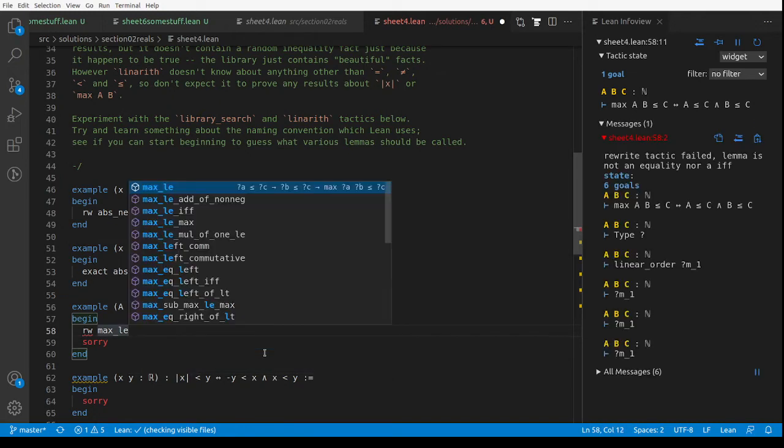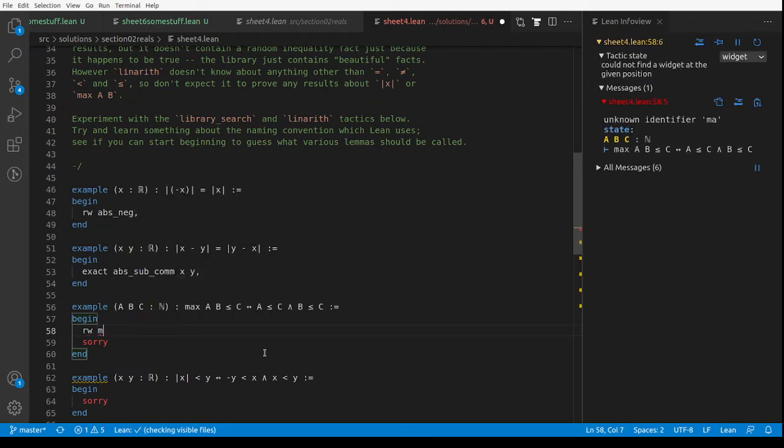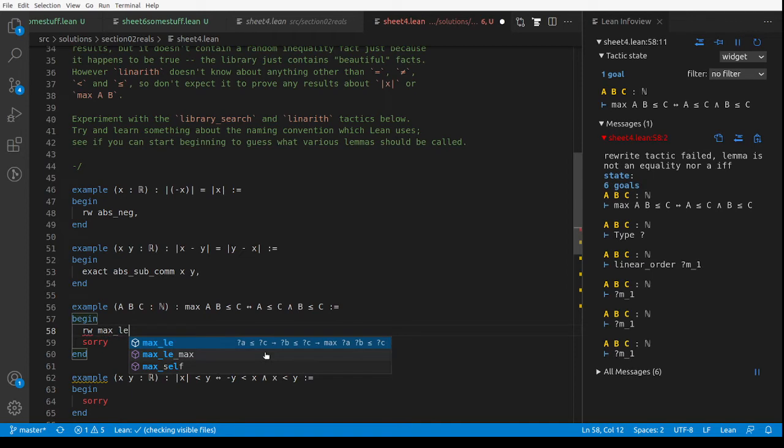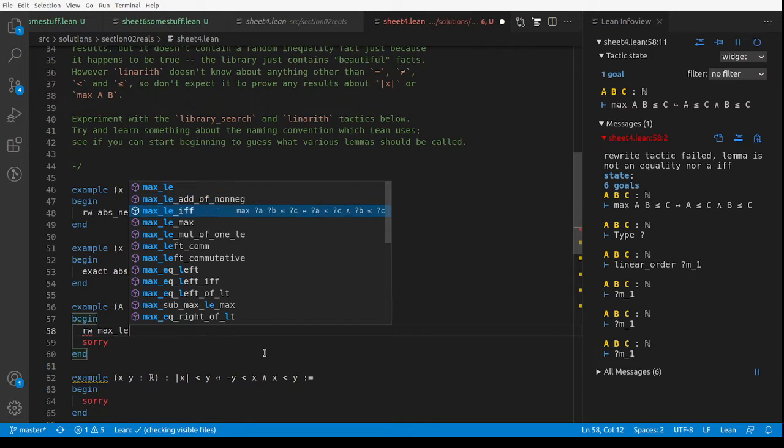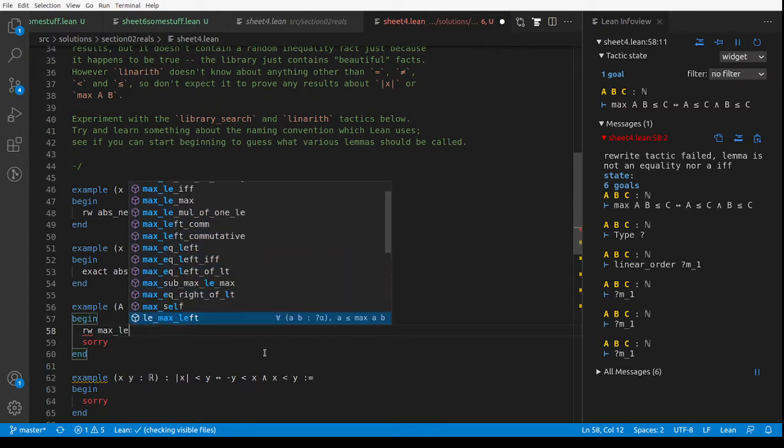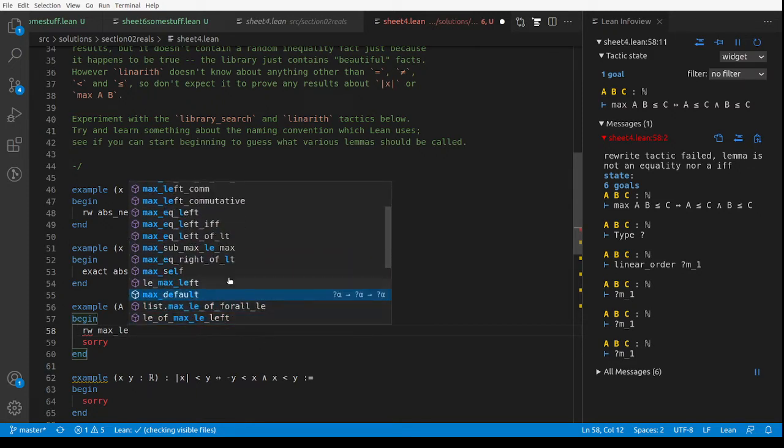So maybe I should tell you what I did there. I typed rewrite max_le, and it suggested a few things, for some reason not that many. And then I hit escape, and then I hit control space, and now this is listing every single thing in the library that mentions these characters max_le.